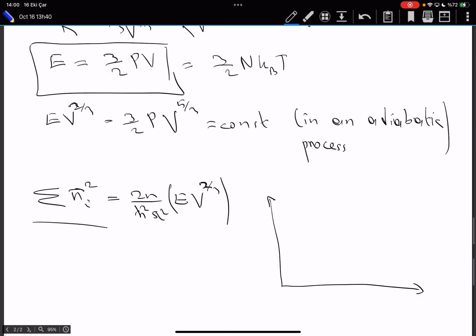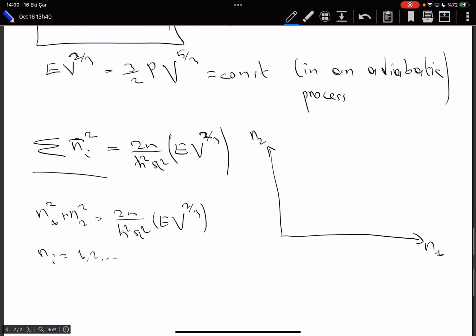Okay, if we continue along this line, let me just take two of these. Let me look at the integers n1 squared plus n2 squared. This is equal to 2m over ħ squared π squared times E V to the 2/3. And each one of these n_i's will be 1, 2, etc. So if the horizontal axis is n1 and the vertical axis is n2, I have 1, 2, 3, 4, 5.